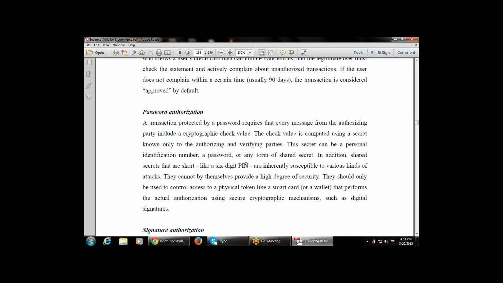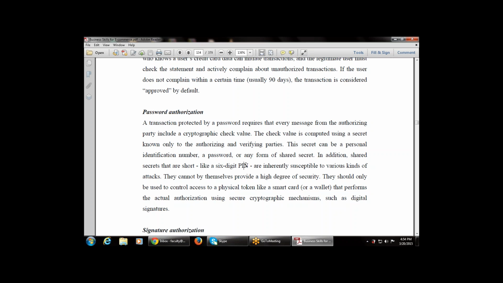This secret key can be a personal identification number, a password, or any form of shared secret that is used for password authorization, so that the transaction is secure.